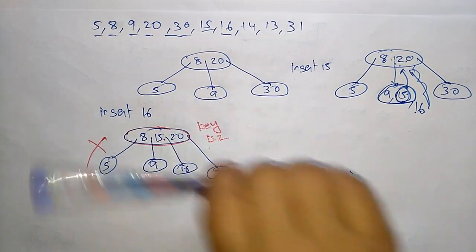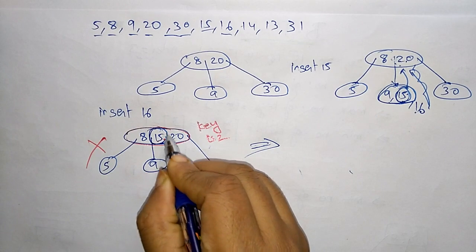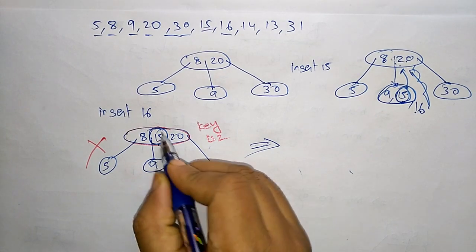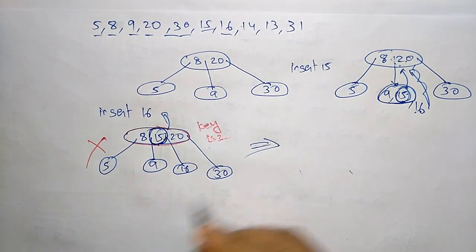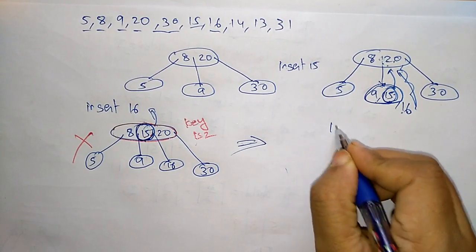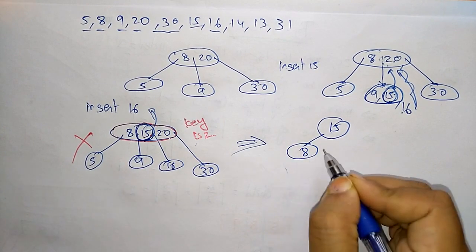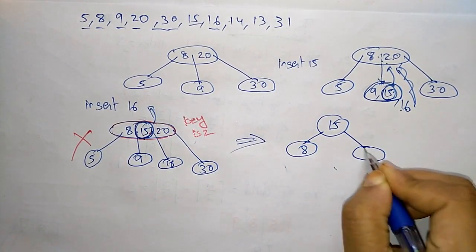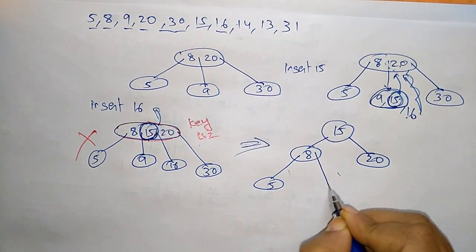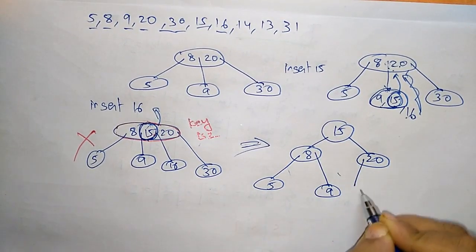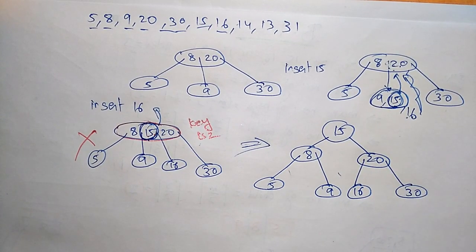So you divide again: take the middle value and shift it up as the root node. Now 15 is the root node, the left child is 8, the right child is 20. Here it is 5, here 9, here 16, and here 30.